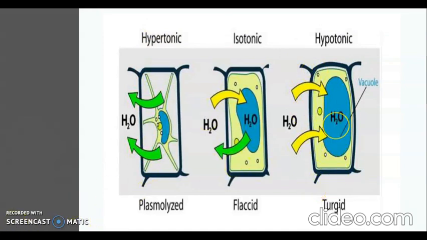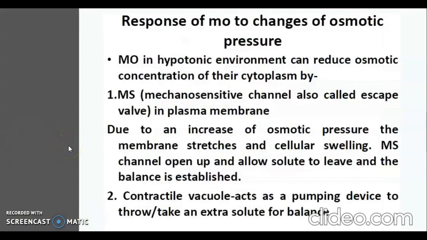That is, the water will enter and cause the cell to burst, whereas in isotonic condition, the solution contains equal concentration of impermeable solutes on either side of the membrane, and so the cell neither swells nor shrinks and remains flaccid. So now let's see how the microorganisms respond to such changes of osmotic pressure.